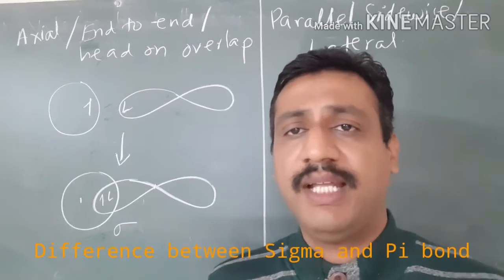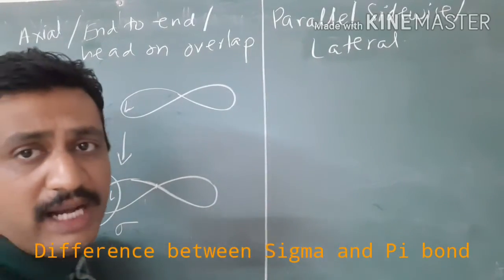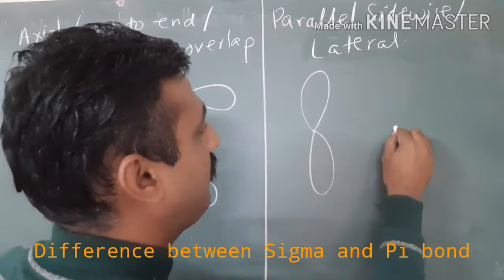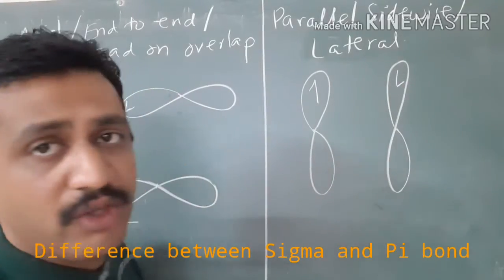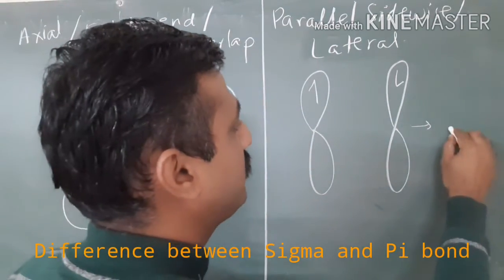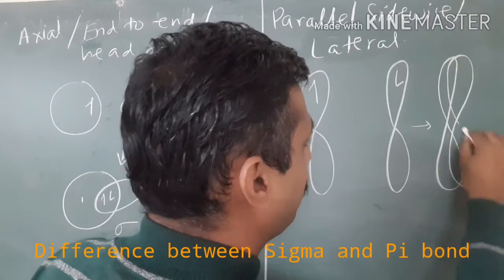Another type of overlapping is the sidewise, parallel or lateral overlapping. Suppose we have a py orbital of one atom and a py orbital of another atom, and both consist of an unpaired electron with opposite spin. In that case these orbitals come closer and merge together, and there will be a formation of a pi bond.